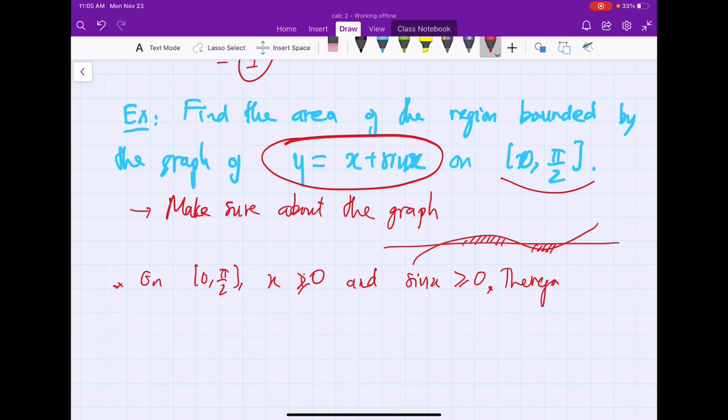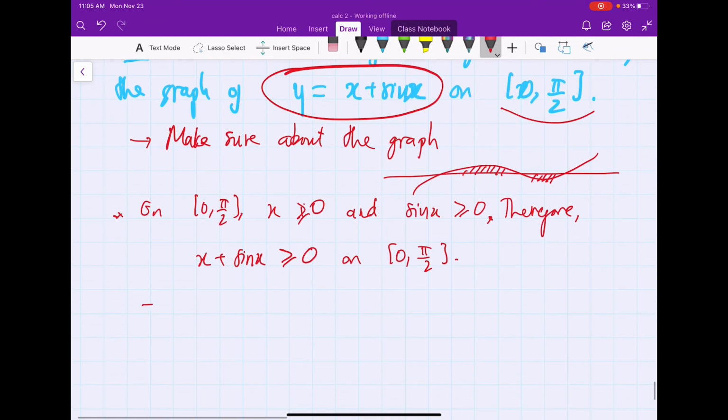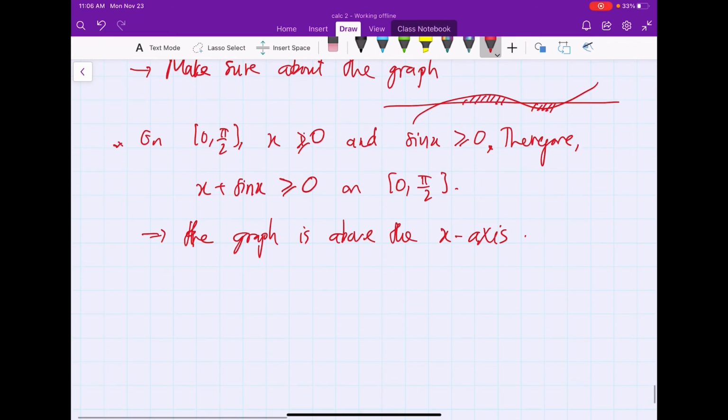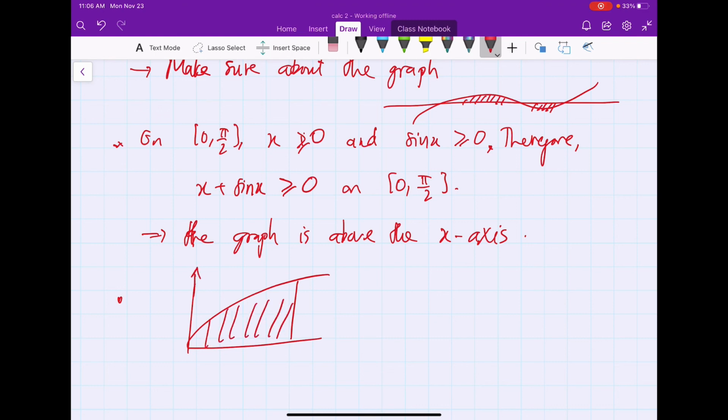Therefore, x plus sine x is always greater than or equal to 0 on 0 to pi over 2. That's it. So this step says yes, the graph is above the x-axis. So now I know exactly the graph should look like this. I don't care whether it is convex or concave, increasing or decreasing, but I know exactly the graph is above the x-axis.